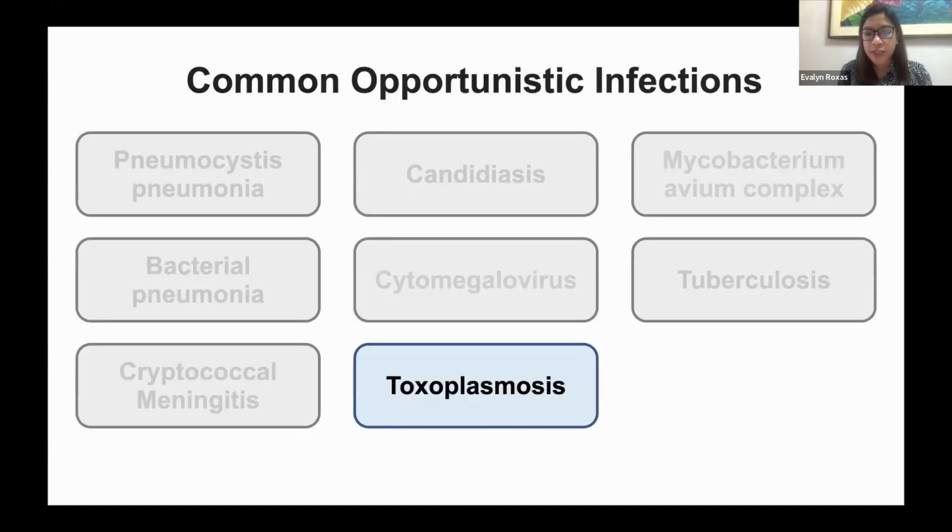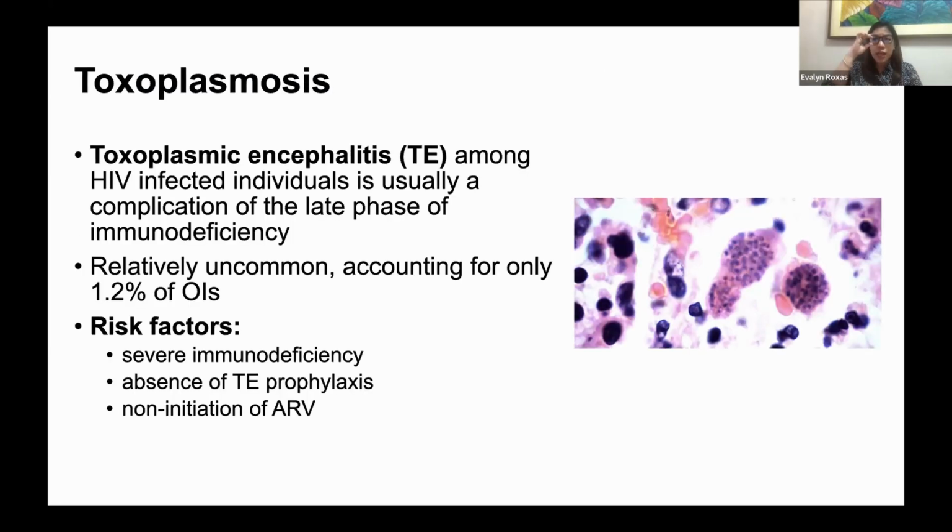So moving to the last three opportunistic infections, we have toxoplasmosis. Toxoplasma infection is another opportunistic infection, particularly toxoplasmic encephalitis among HIV. This is relatively uncommon as compared to crypto or PCP, accounting for only 1.2% of OIs.